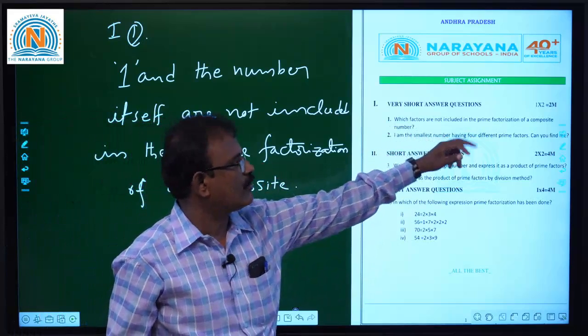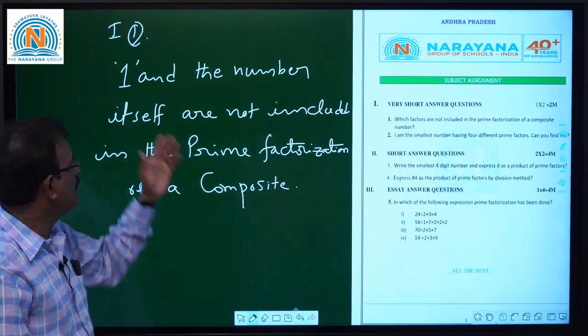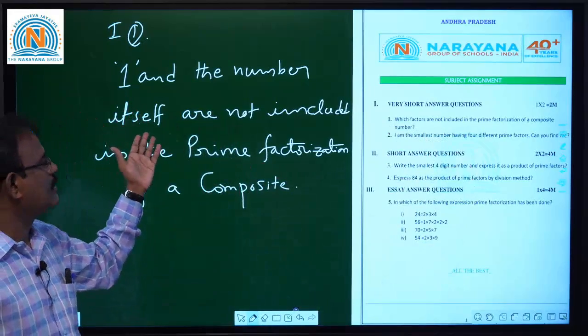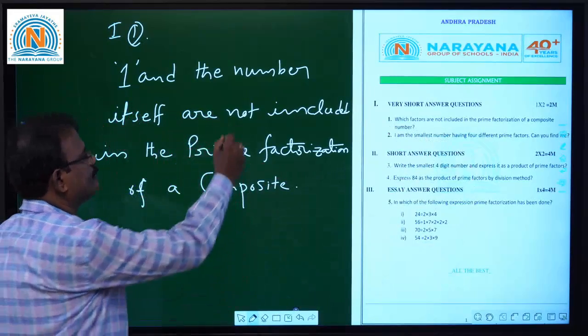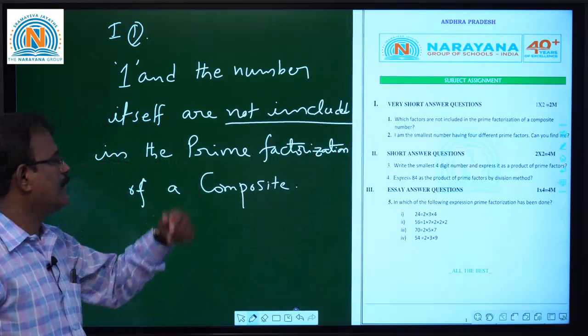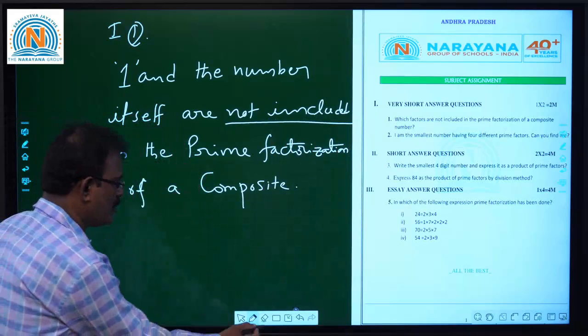Which factors are not included in the prime factorization of a composite number? The number 1 and the number itself are not included, children.